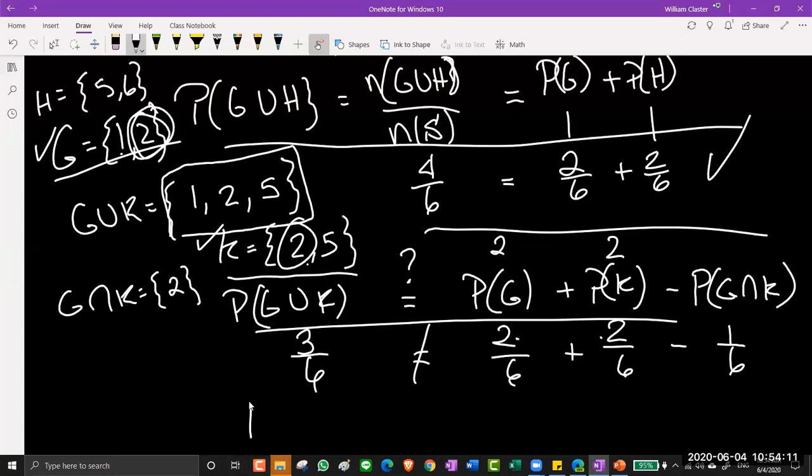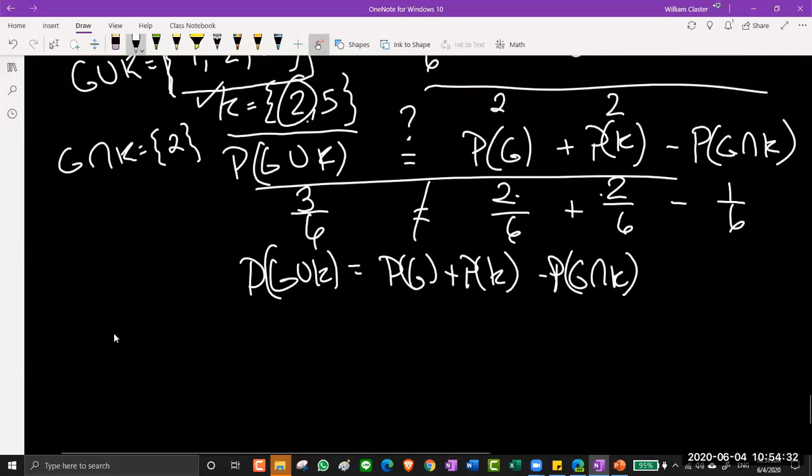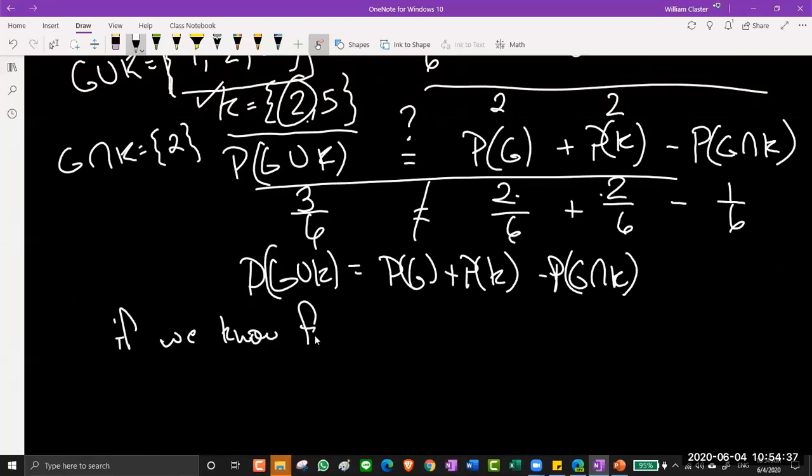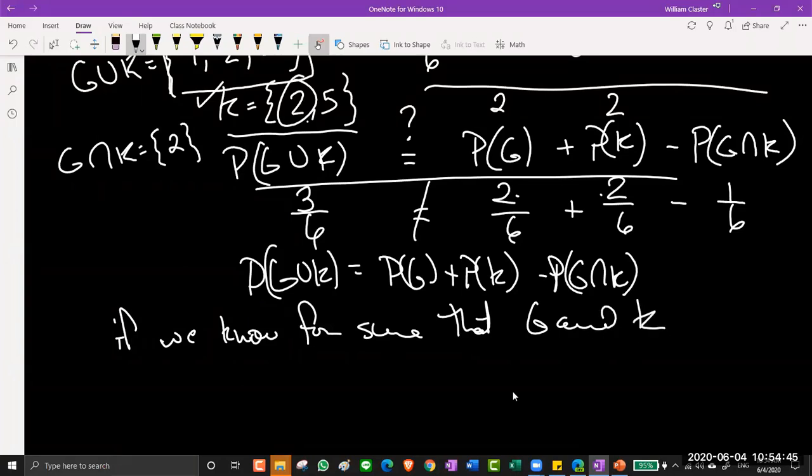So, okay, we have this rule: the probability of G plus the probability of K minus the probability of G intersect K. Now, if we know for sure that G and K have nothing in common, then we don't have to have this extra piece.